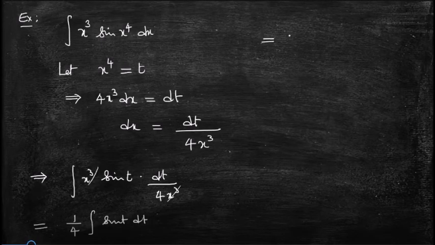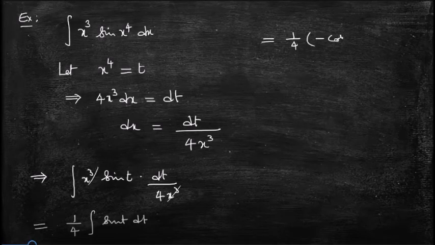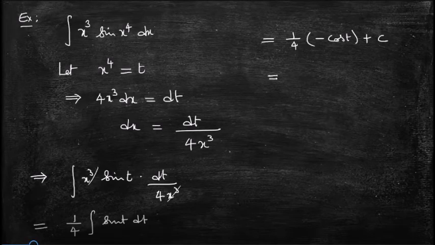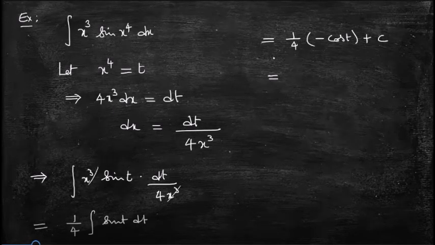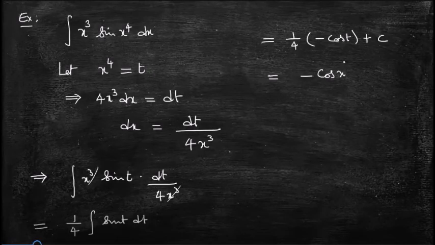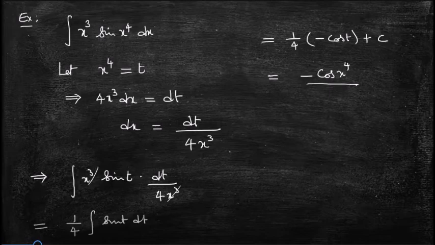Now integration of sine t is minus cos t plus c. Now what is t? Instead of t we can replace it as x to the power of 4. So minus cos x to the power of 4 by 4 plus c.